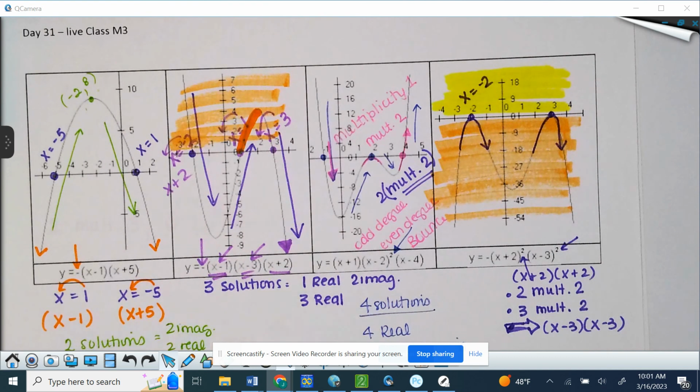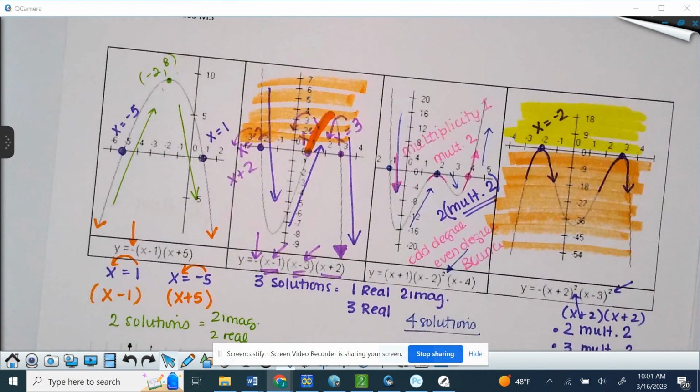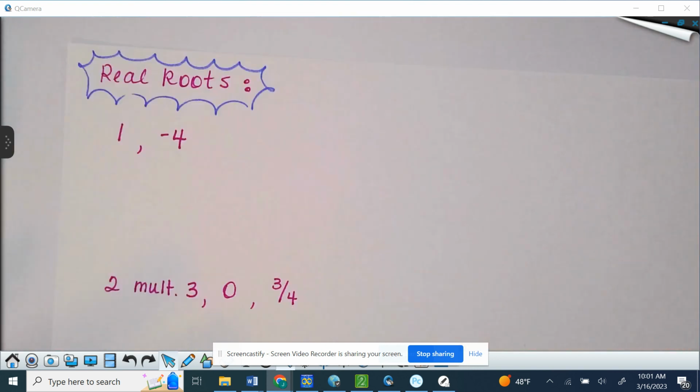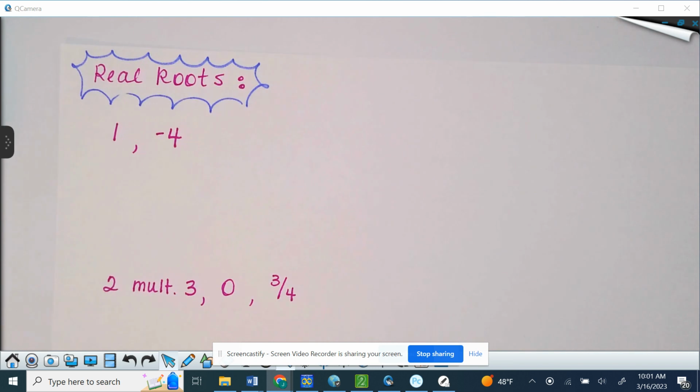All right, so I'm going to boogie past all of that and get to the point of the real writing. We're doing real roots right now, so that means only the ones that are actually touching the x-axis. So you can actually check your work. You could go to Desmos and type in your answer and see where it crosses. Or if it's multiple choice, you could type in all of the choice answers, A, B, C, D, and see if it crosses in those places.